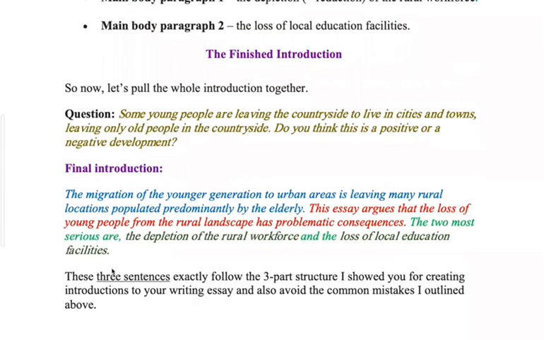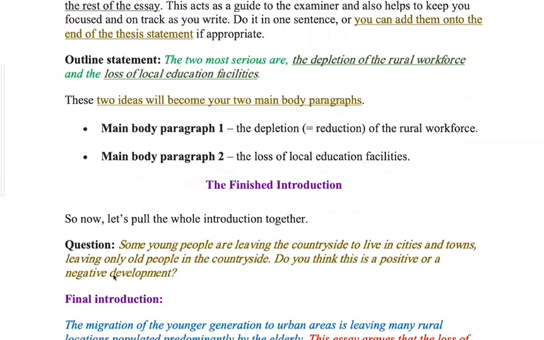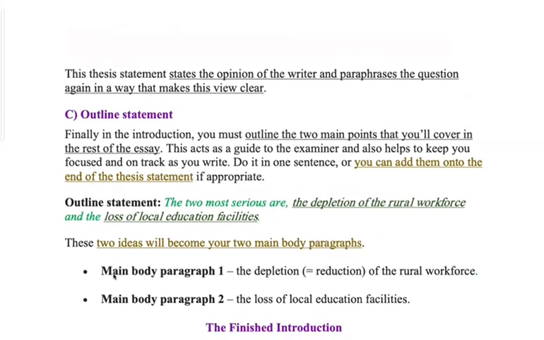That's the thesis statement. That's what you are going to analyze or talk about in the next paragraphs in body 1. So this thesis statement states the opinion of the writer and paraphrases the question, in a way that makes this view clear.